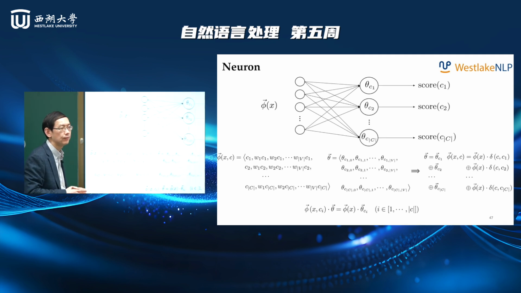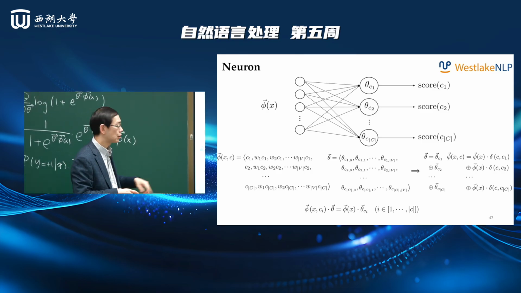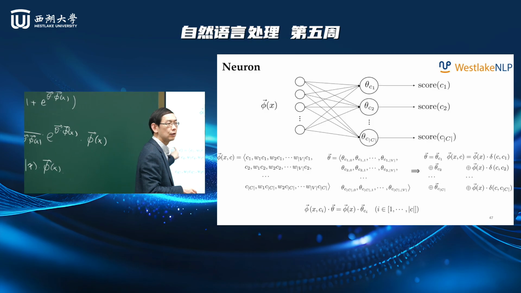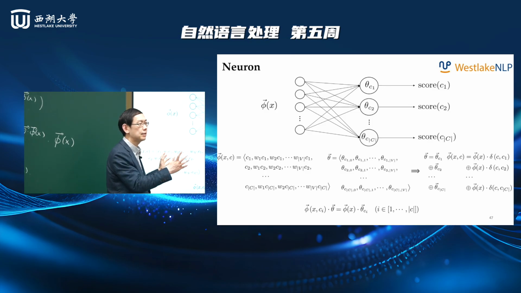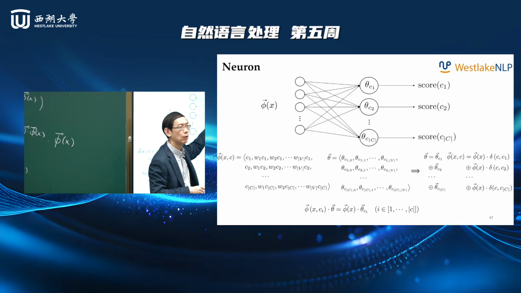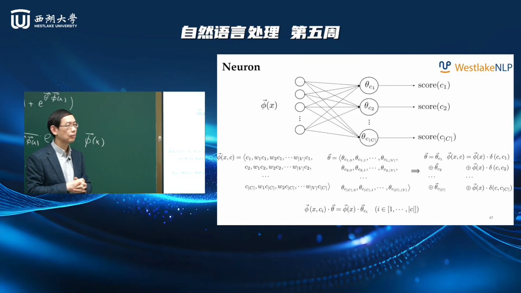Is that possible? I show you in this equation at the bottom that phi xc times theta is equal to phi x times some theta c1, theta c2, until theta cC.